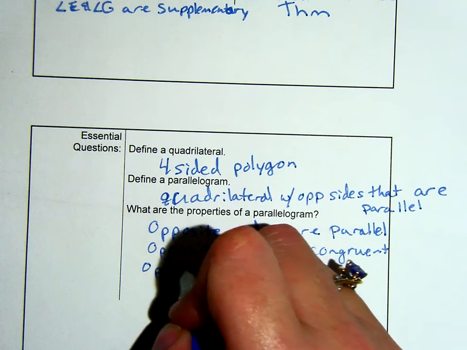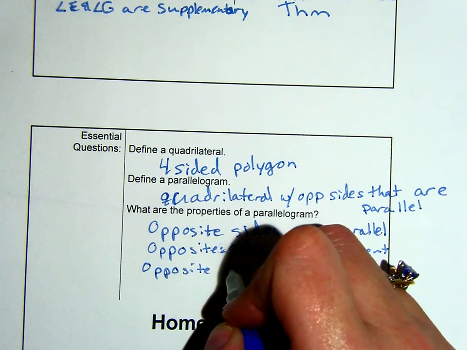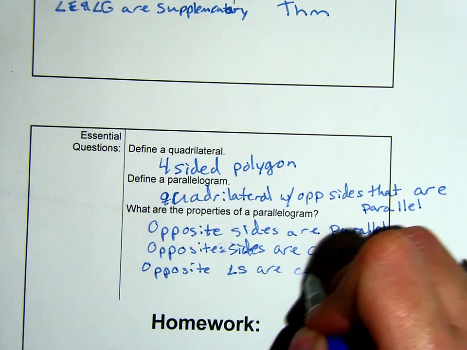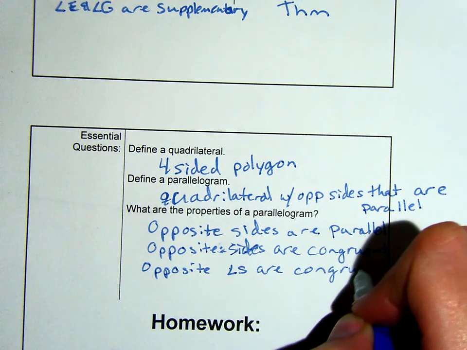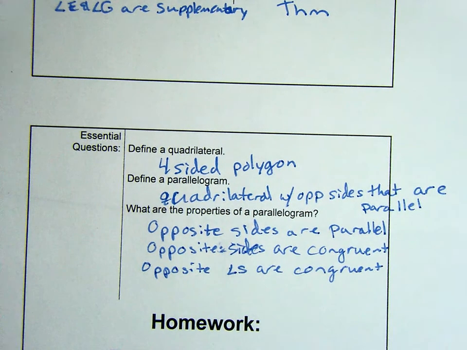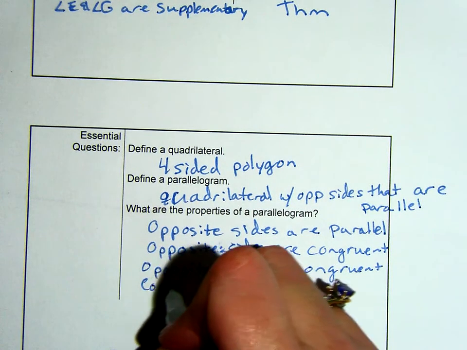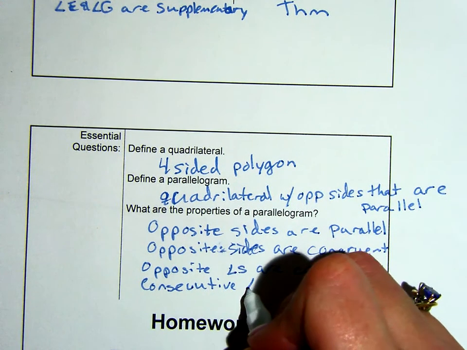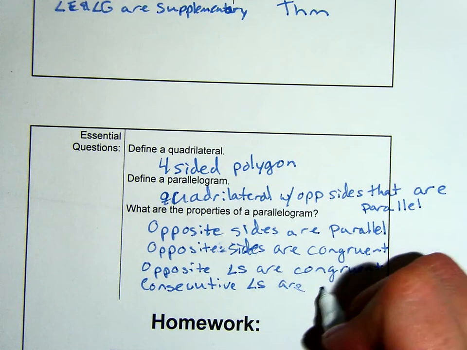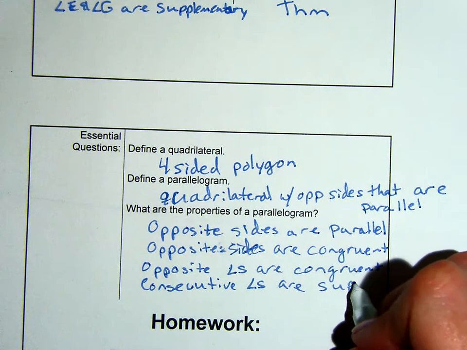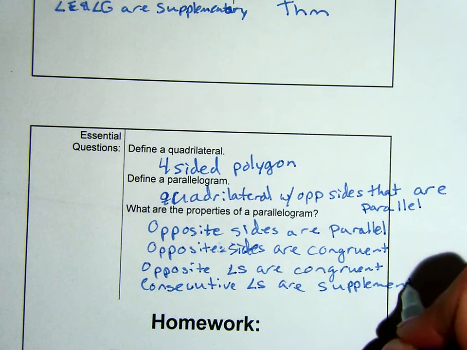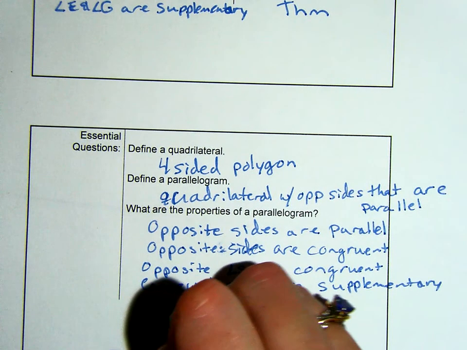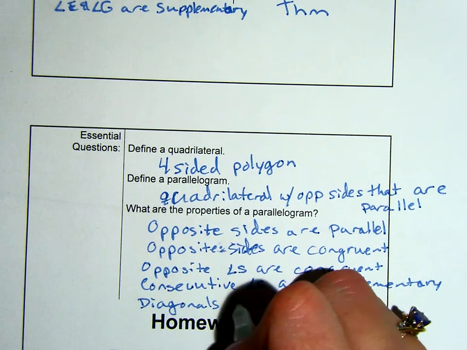Opposite angles are congruent. Consecutive angles are supplementary. And diagonals bisect each other.